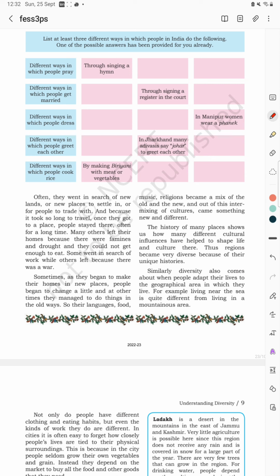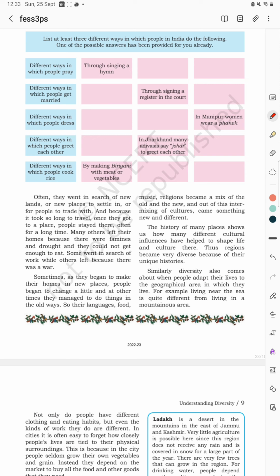At present, transportation and communication are so easy. People can go from one part of the country to another and come back to the same place by evening, just because of transportation advances. But two to three hundred years ago, before the invention of these modern means of transportation, people used to stay for a long period.